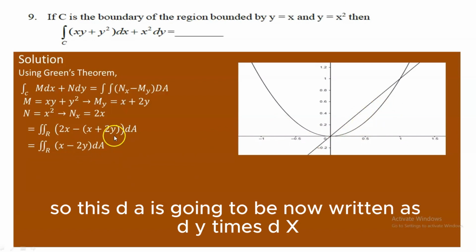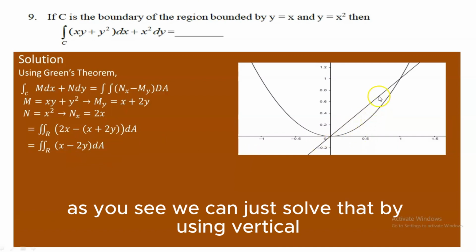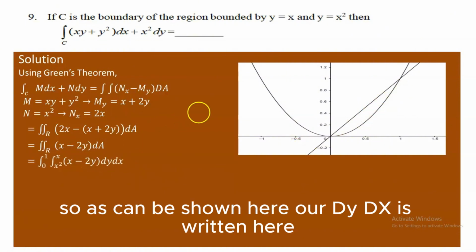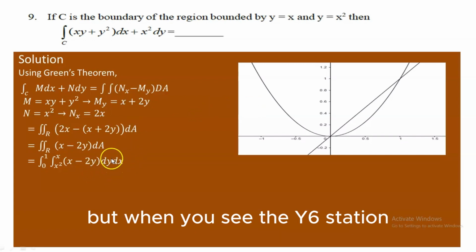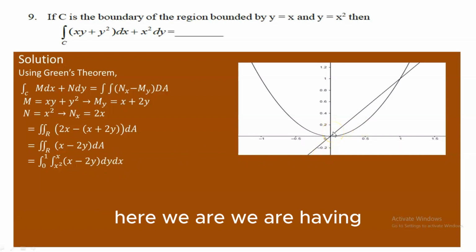So this dA is going to be written as dy dx, because this is a vertically simple region, and we can solve it using the vertical simple region approach. Here our dy dx is written, but when you look at the y extension, what do we have, students?